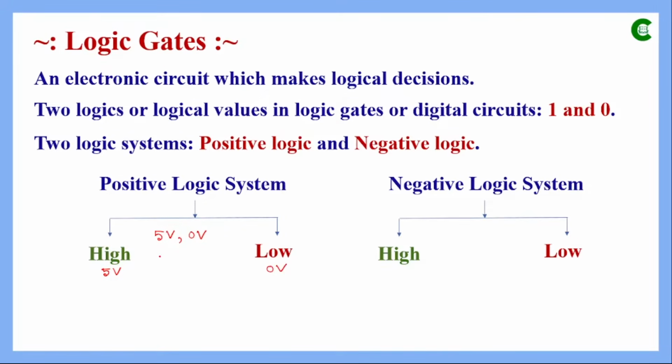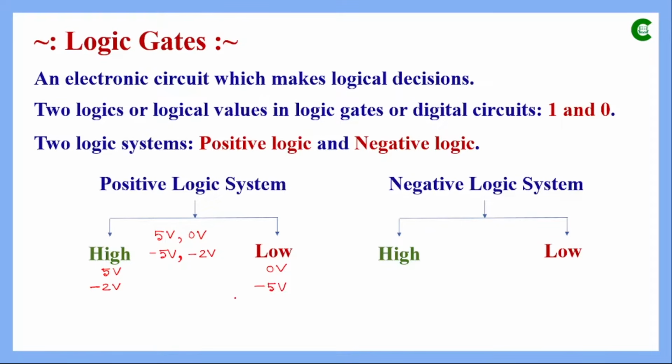But in that circuit, suppose we have two voltage values such as minus 5 volt and minus 2 volt, then we know that minus 2 volt is greater than minus 5 volt, because minus 5 is more negative compared to minus 2. So under the positive logic system, minus 2 volt will be mapped with logical high value and minus 5 volt will be mapped with logical low value.